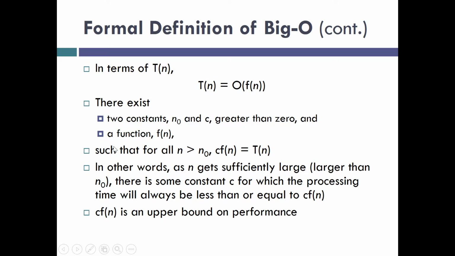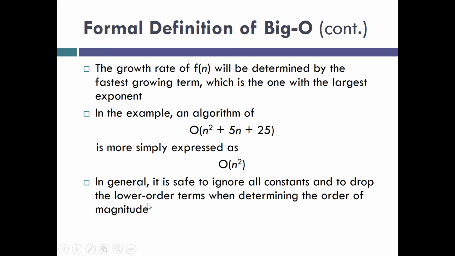The idea here is that once n is bigger than this n naught, the sufficient size, then the amount of time this algorithm takes is capped by this function multiplied by a constant. In other words, as n gets sufficiently larger than n naught, there's some constant c for which the processing time will always be less than or equal to c times f of n, which means that c times f of n, this constant times this function, acts as an upper bound on performance.